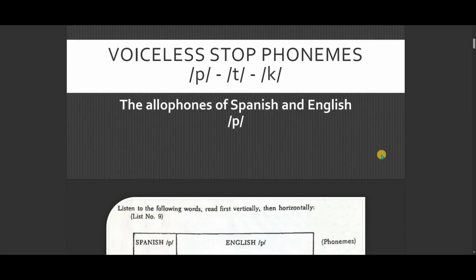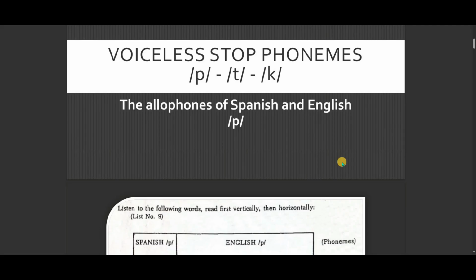We have some voiceless stop phonemes, which are the P sound, the T, and the K. Now, the allophones of Spanish and English. What is an allophone?